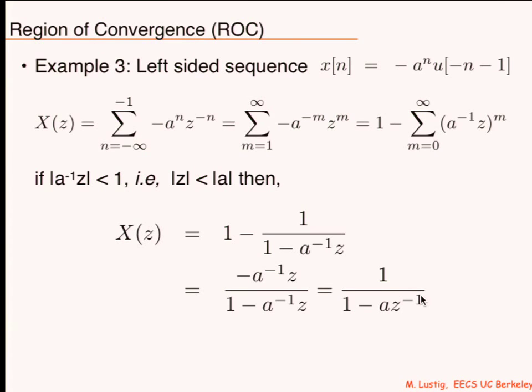It is exactly the same as the right-sided. Now I'm confused, right? I'm confused because there's an ambiguity. A right-handed sequence has the same z-transform as a left-handed sequence. Crazy, right? Not useful. Confusing, some people might say.